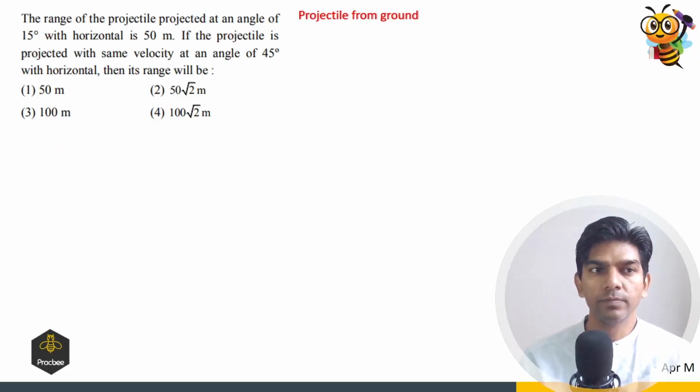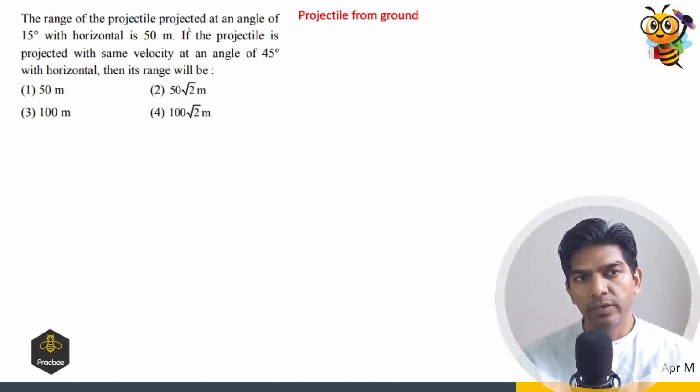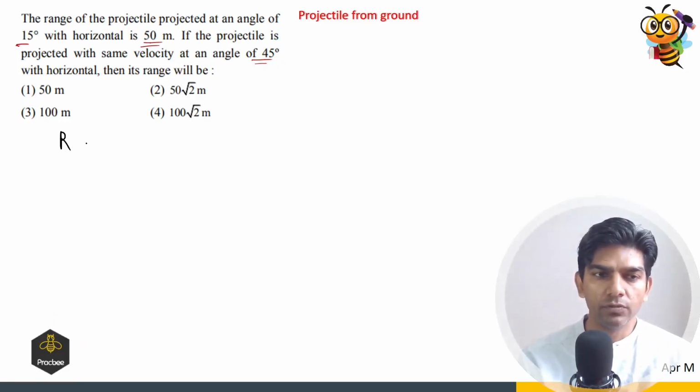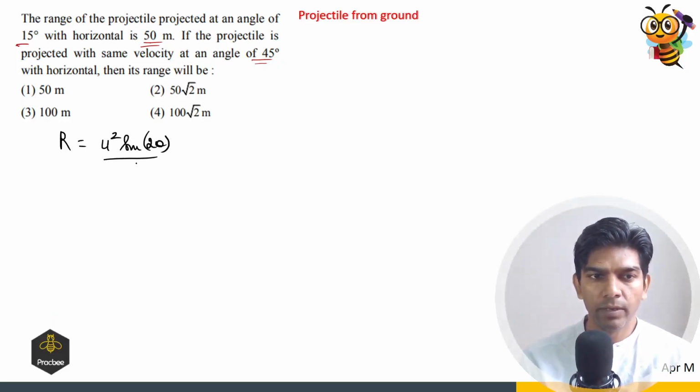Now let us see this question. The range of the projectile projected at an angle of 15 degree with the horizontal is 50. If the projectile is projected with the same velocity at an angle of 45 degree with the horizontal, the range will be. Now we know that range, same velocity is given. So range formula is u square sine 2 theta by g.